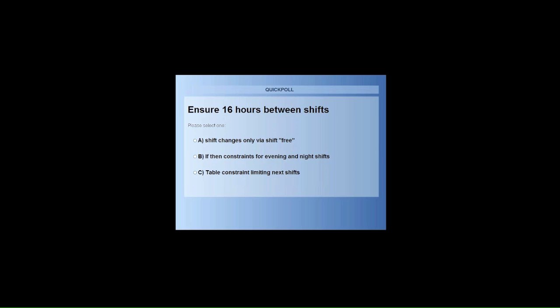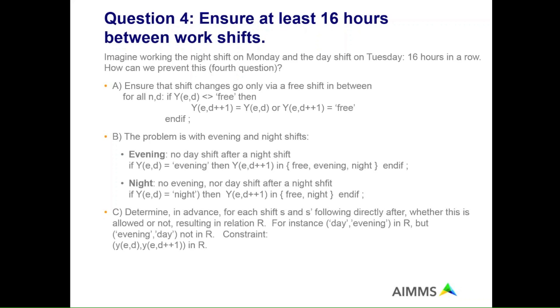Okay, votes are coming in. Okay, I will close the poll now. Everyone has voted. And I'll share the results.